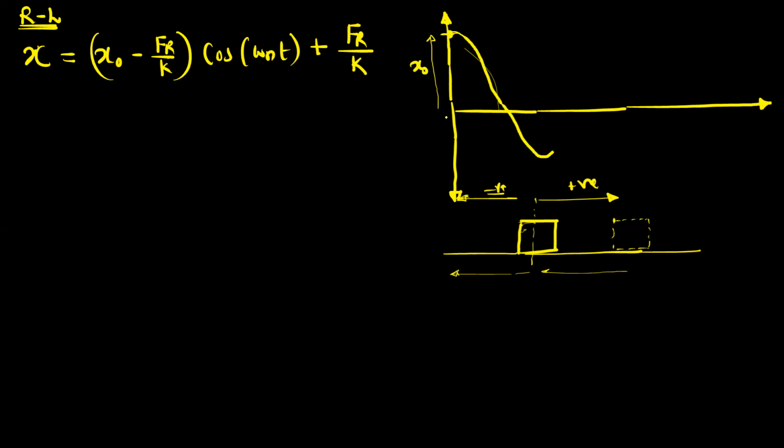So when the mass crosses the mean position and moves towards the negative maximum, this value from this point will not remain the same as x0. So we have to find out how much is the value on the negative side.